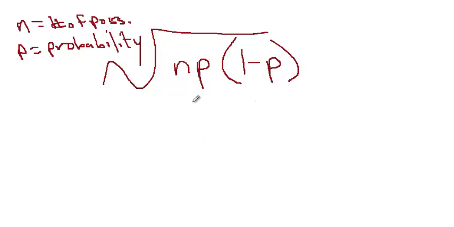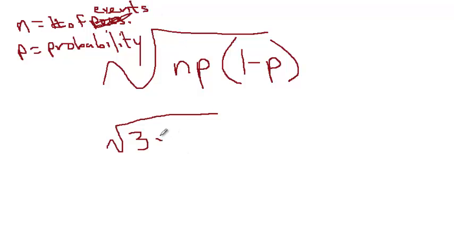There's only 2 possibilities. So in this case, the standard deviation is the square root of n. There are three events over here because there were three children, times p, the probability of each one, which is 0.5, times 1 minus p.